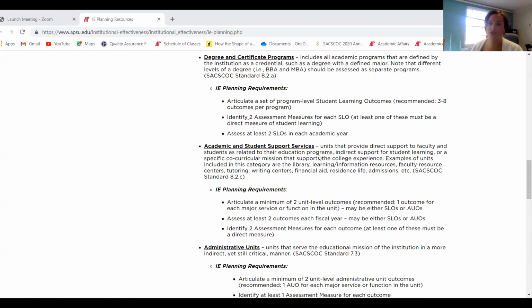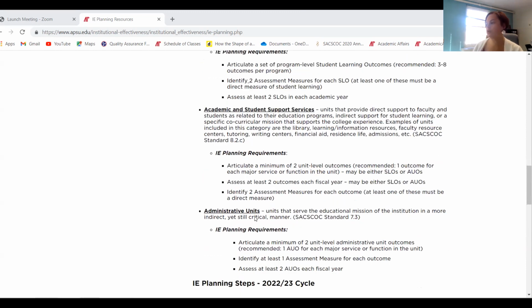Typically, academic and student support services is most or all of student affairs, as well as other student support or academic services that might be in the provost office, like the registrar, learning resource center, APSU 1000, things like that. Administrative units are pretty strictly administrative.